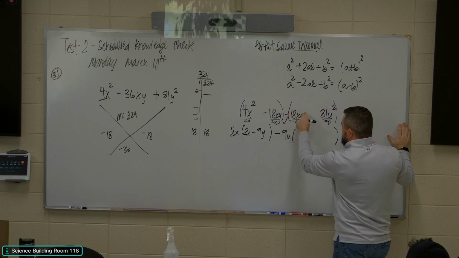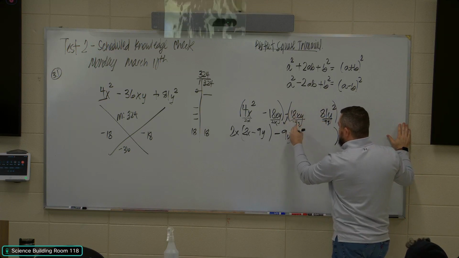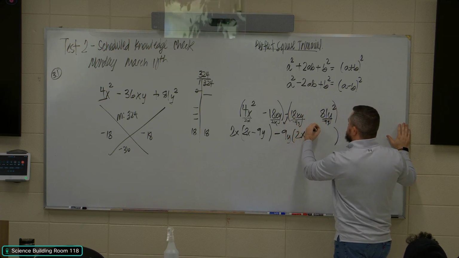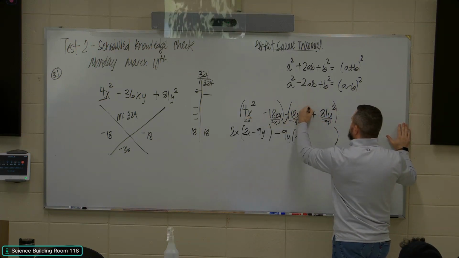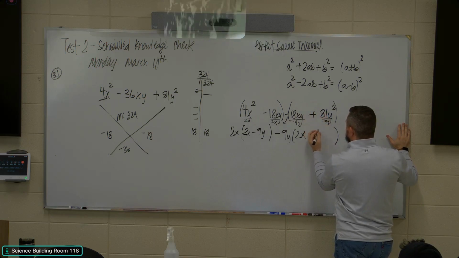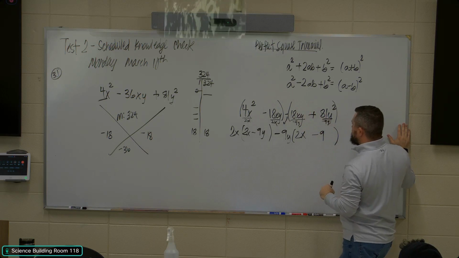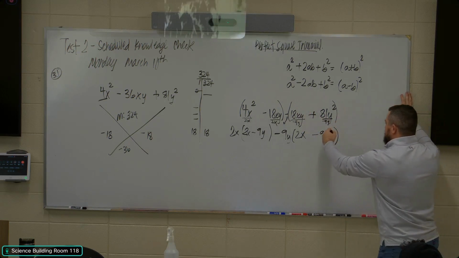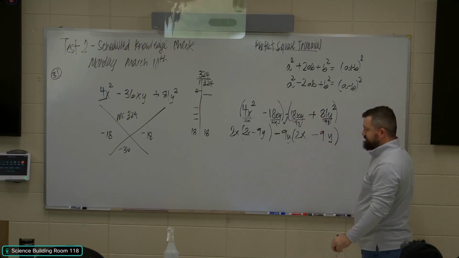Negative 18xy divided by negative 9y is 2x. This is plus 81. 81 divided by negative 9 is minus 9. And y squared divided by y is y.